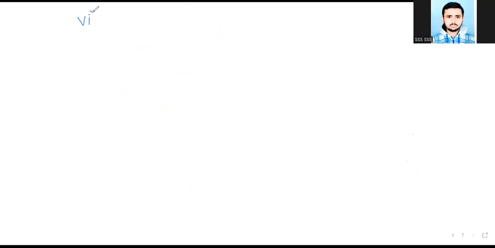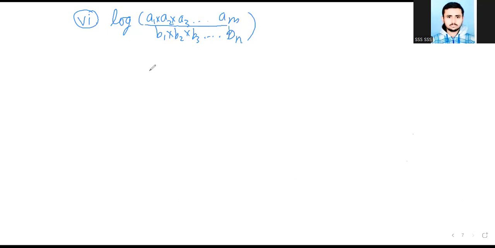So the next type of property is if we have log of a1 a2 into a3 up to am upon b1 into b2 into b3 up to bn. So all the multiplications would get converted into plus.